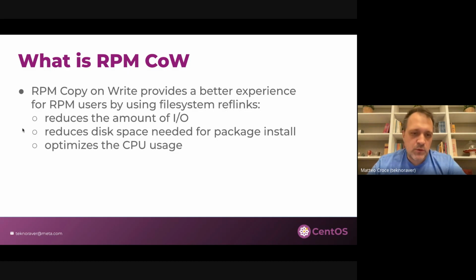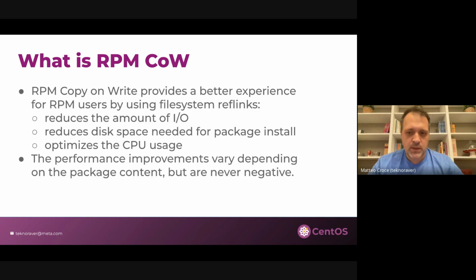And also it optimizes the CPU usage because what happens with the current package install is that during the download step, the CPU is almost idle, and this RPM cow moves the decompression from the installation step to the download step to optimize the resources.